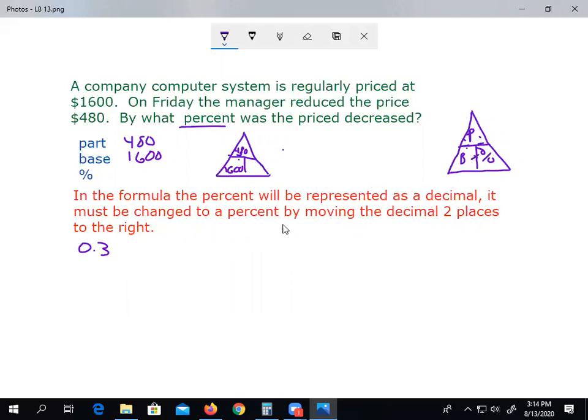For our problem, it must be changed back to a percent because they're asking for the percent, not in decimal form, but in percent form. So to make it a percent, you still have to move the decimal back 2 places to the right. So that becomes 30%. So there is a 30% reduction in price. So if I took 30% of 1600, that should give me the 480.